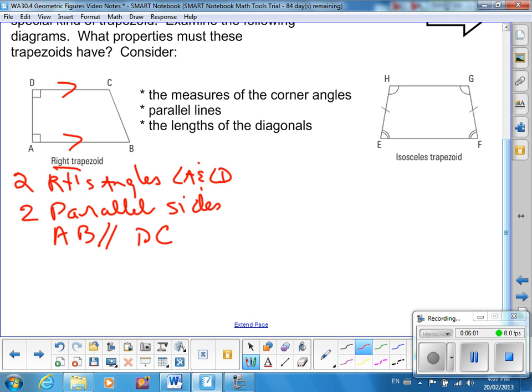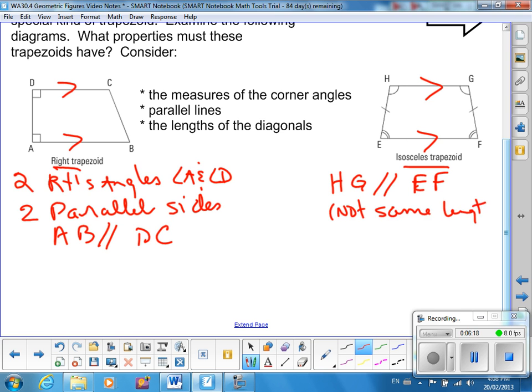On an isosceles trapezoid, HG is parallel to EF, but they're not the same length. HE is equal to GF. So these two sides are the same length, and the diagonals are equal.